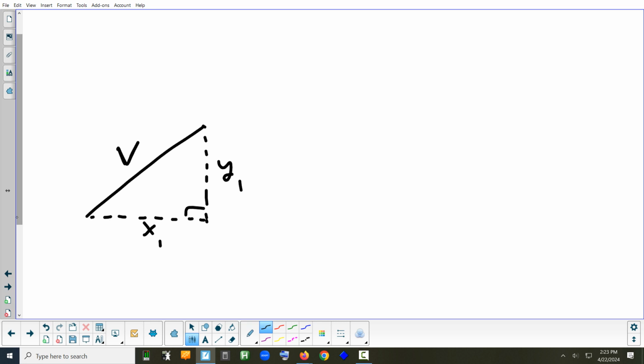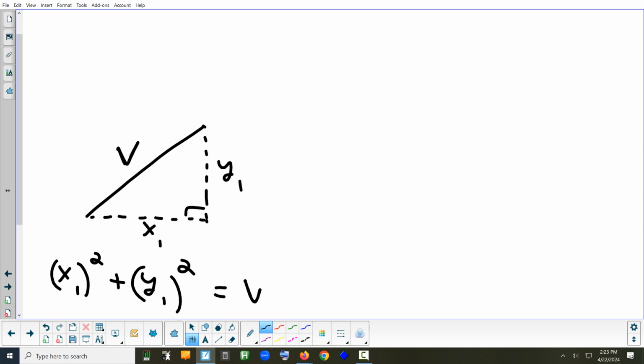Like if you did it with those, how would you write it? x squared plus y squared equals c squared. Can you say it again with those letters? x1 squared plus y1 squared equals v squared.